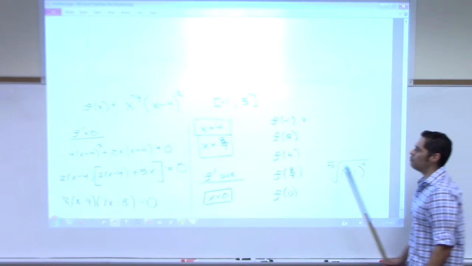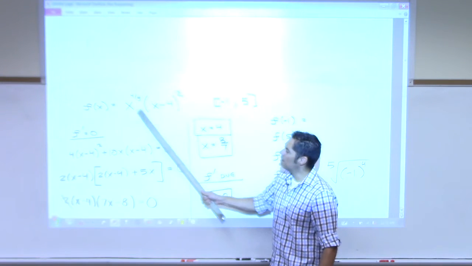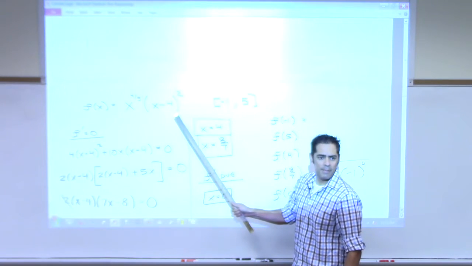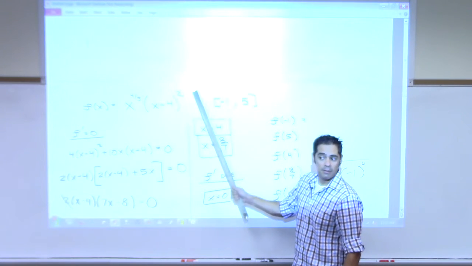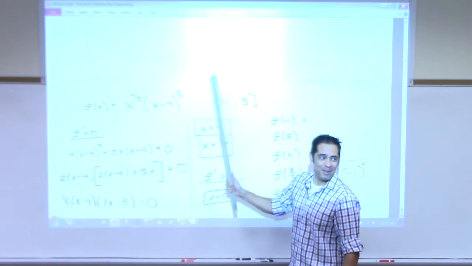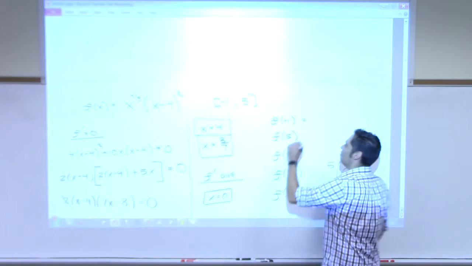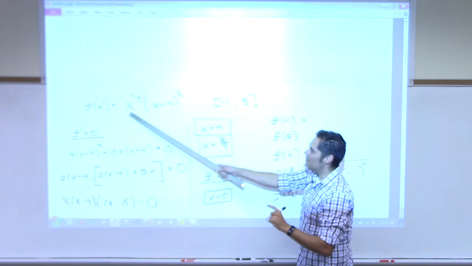Okay, so when we plug in -1 right here, that's a 1. When we plug in -1 here, -1 minus 4, -3 squared, 9. 1 times 9, so 9.